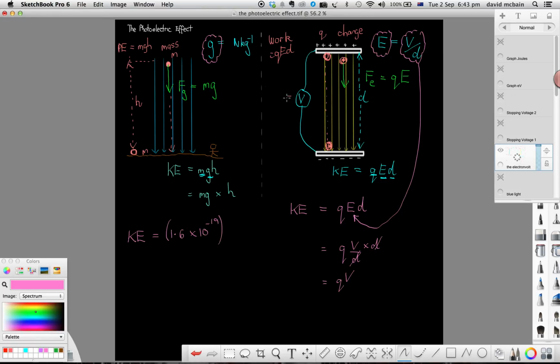Well, let's make the voltage here 5 volts. So the kinetic energy of our proton as it accelerated across this field will be the charge on the proton times 5. And that will equal 8 times 10 to the negative 19 joules.